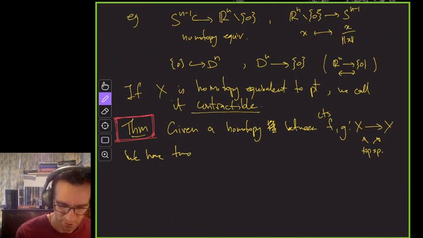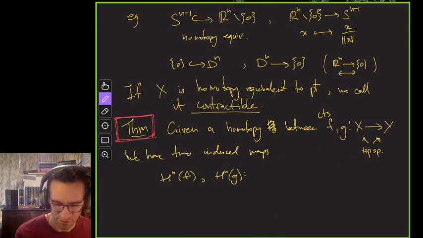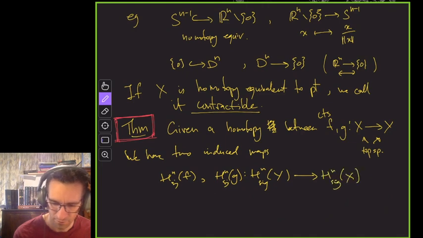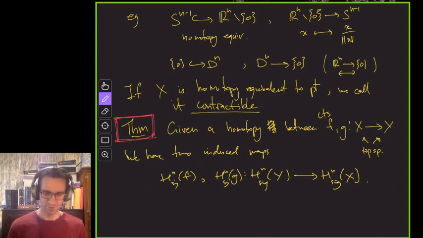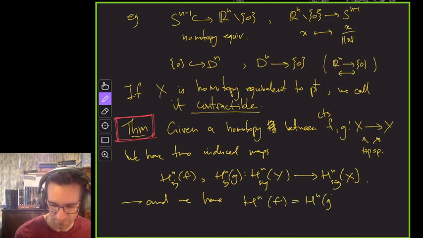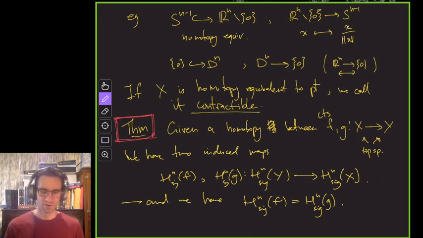We have two induced maps, let's call them H^n f and H^n g. So H^n is a contravariant functor. This is like singular cohomology. Given the homotopy, we know that these maps are the same. So given f and g, we have two maps, and given the homotopy, we know the maps have to be equal.